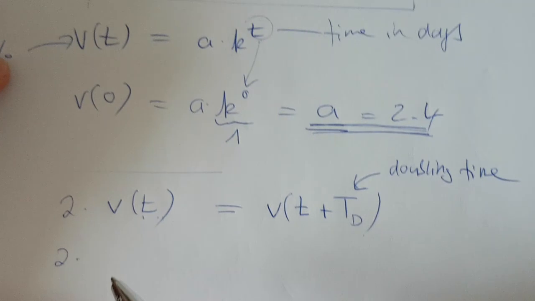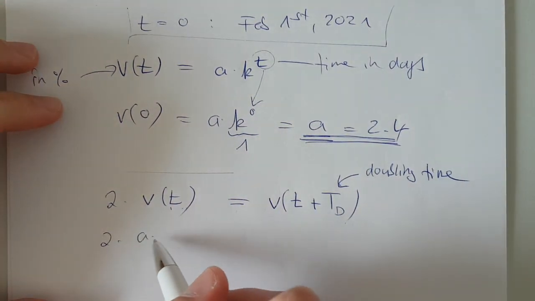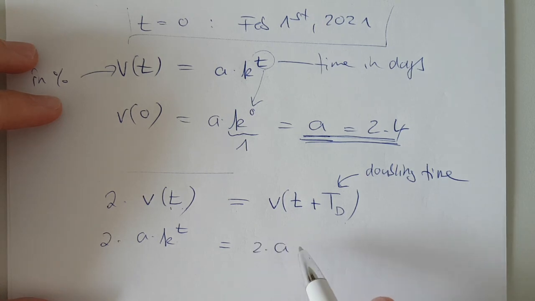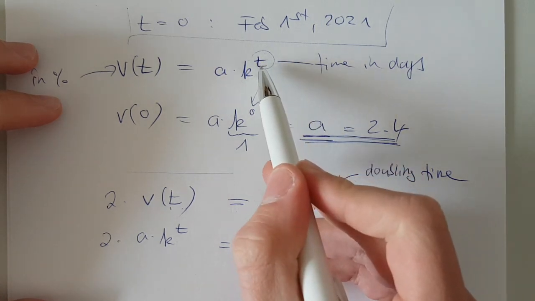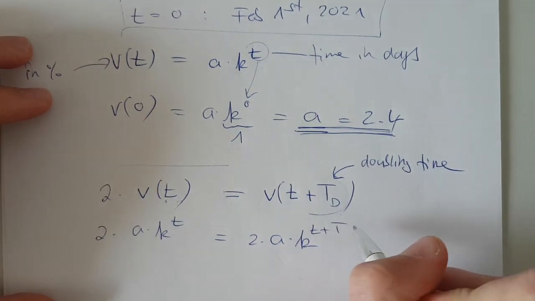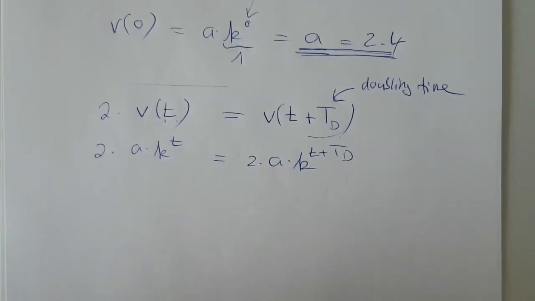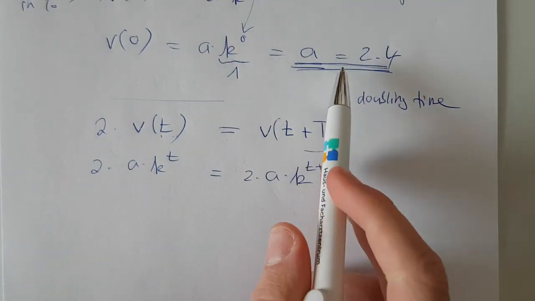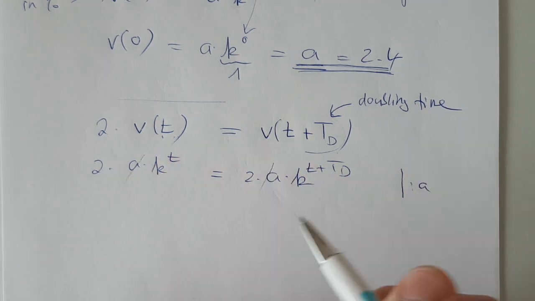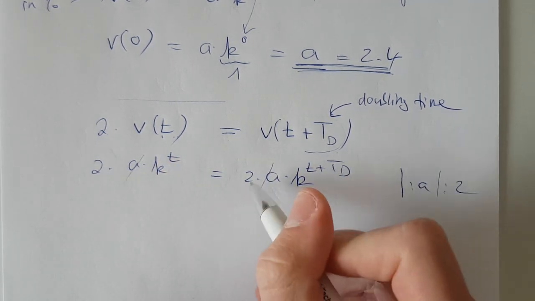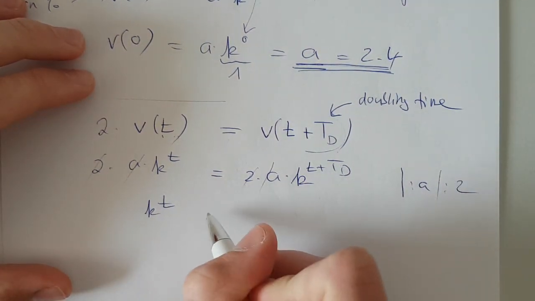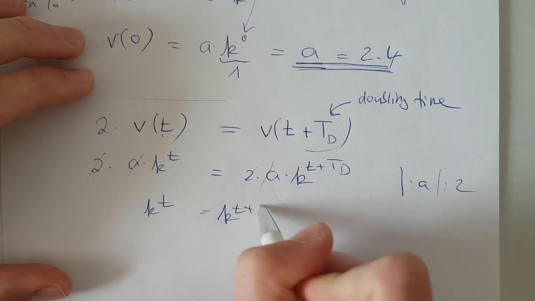So 2 times a times k to the t equals a times k to the power of t plus TD. Of course we could also have plugged in a equals 2.5, but the funny thing is we can divide by a, so a cancels out. And we can also divide by 2, so 2 cancels out as well. We are now left with k to the t equals k to the t plus TD.